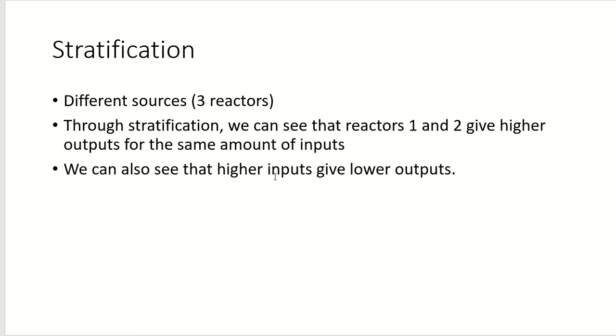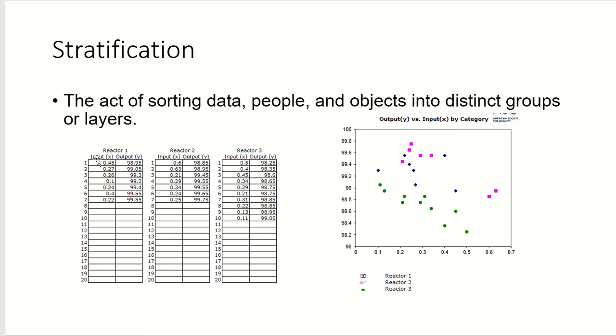We can also see that higher inputs give lower outputs. Tingnan natin. The higher the input, the lower the output. Ang taas ng input, and yet kumpara mo ito sa ito for the same reactor.